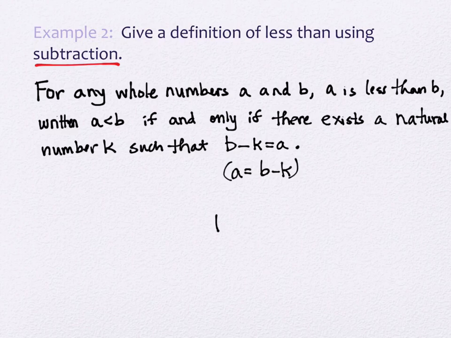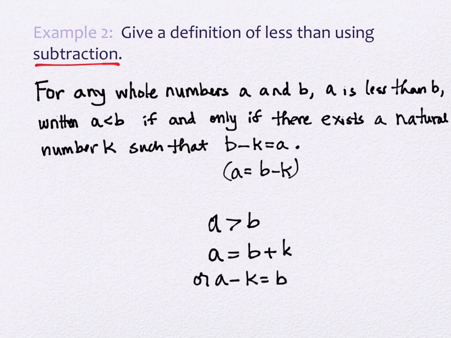So if A is greater than B, what would have to be true? Well, I'd have to be either able to add something to B, or I'd have to be able to subtract something from A. Right? We're just changing this sentence structure around in terms of the equation sentence.